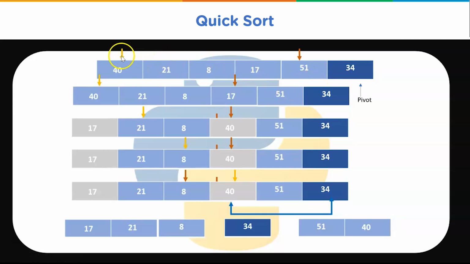Now I have taken 2 pointers, the orange colors, one on the left hand side and one on the right hand side. This is I and this is J. Now what is the job of the I pointer? The job of the I pointer is to find the elements which are less than 34, and the J pointer is to find the elements which are greater than 34.